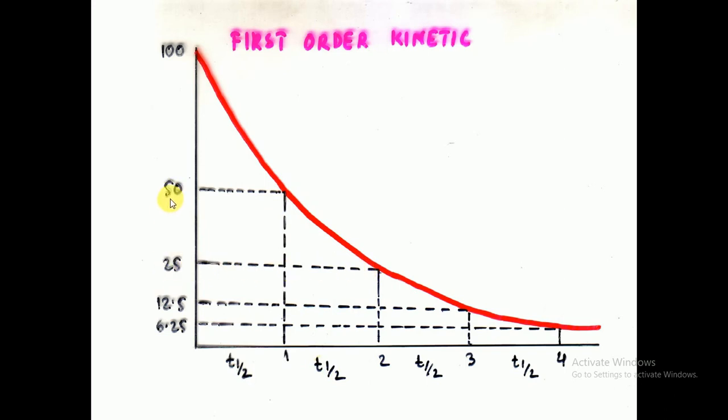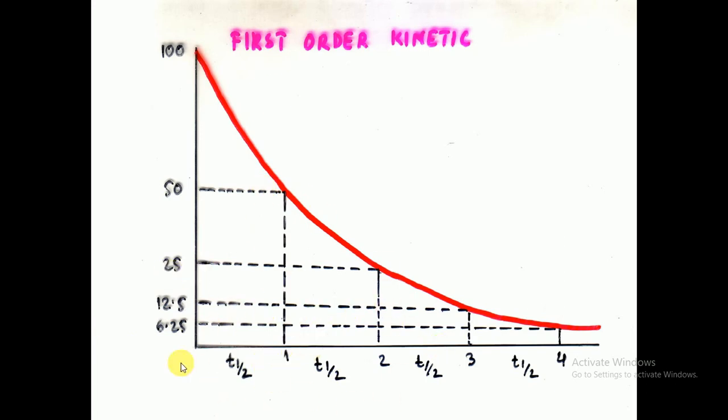Let's suppose a drug of 50 milligrams. After the first half-life, the concentration of that 50 milligram drug will be reduced to 25 milligrams, while after the second half-life it will be reduced up to 25%.